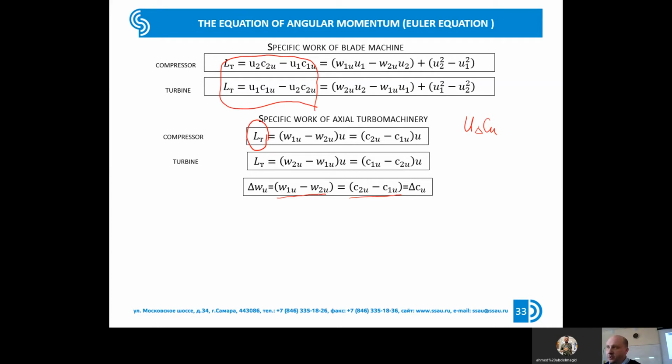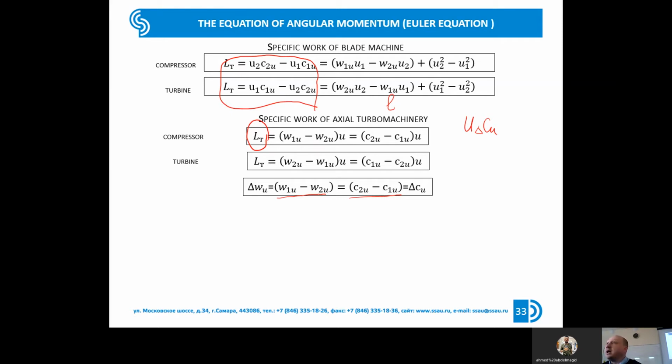It's specific work. In this case, we will use the letter L. Of course, you are correct, we use letter L to designate length. But usually, if we speak about length, we use the small letter l. Here, it is specific work. But what kind of specific work? Maybe it will be hard for students to understand at first.